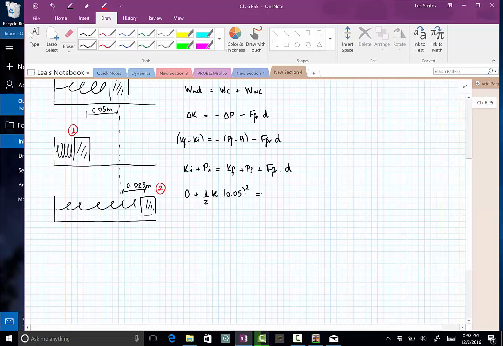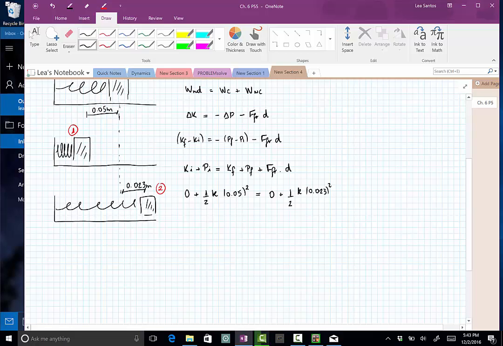Well, the block moves until it stops. It stops when it reaches its maximum stretching. So final kinetic energy is 0. So we have just the elastic potential energy, 1/2 k, and the stretching here is 0.023 squared.